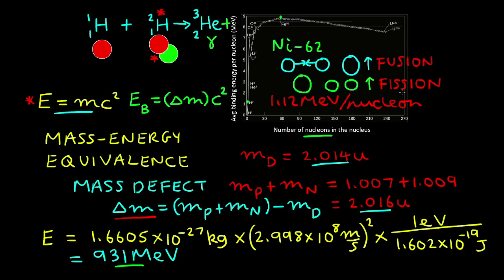We'll look at these in more detail. But essentially, energy may be released in nuclear processes in the form of kinetic energy of the products, or as photons, for example gamma radiation as we saw.